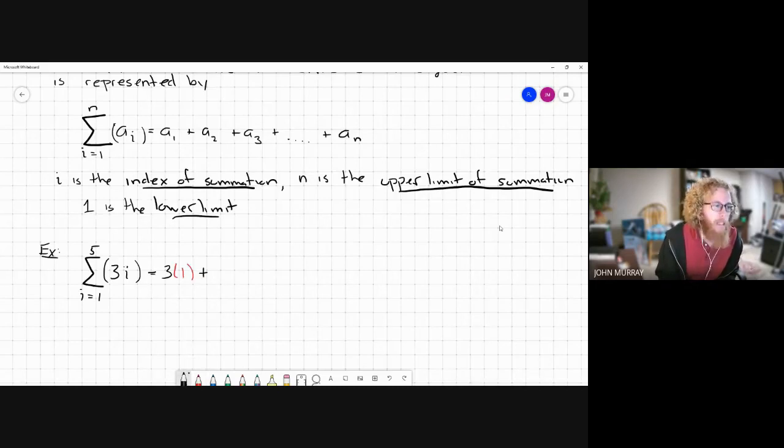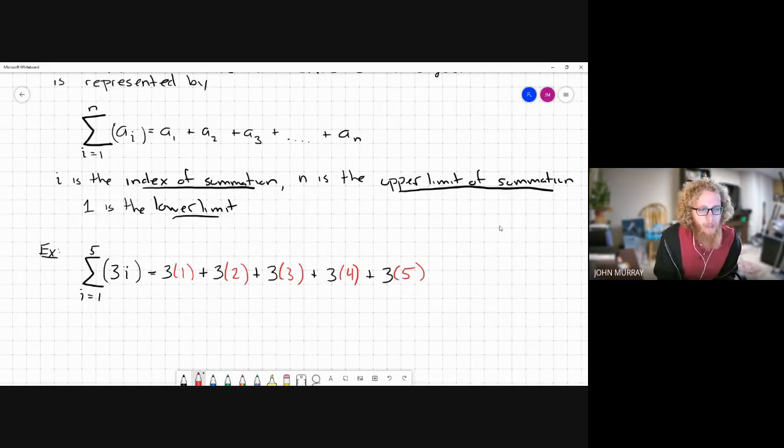Then I'm going to add to that 3 times the next number, which would be 2. And then I add to that 3 times 3. And then I add to that 3 times 4. And then I add to that 3 times 5. And that's where I'm going to stop, because this is telling me that my i goes from 1 to 5.